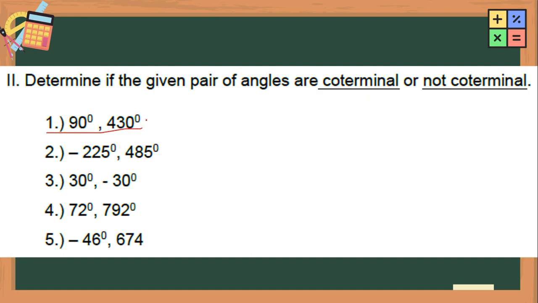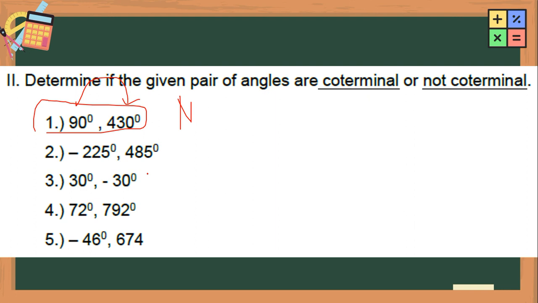Number 1. Ang 90 ba, coterminal niya si 430? Answer? Not. Okay, next. Number 2 naman. Terminal ba or not?